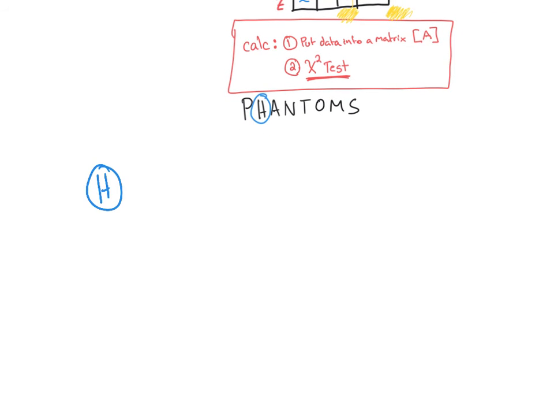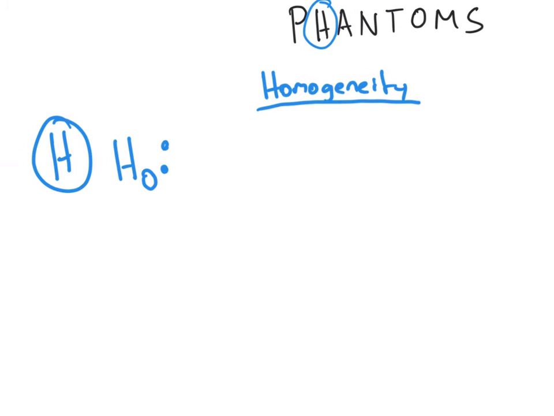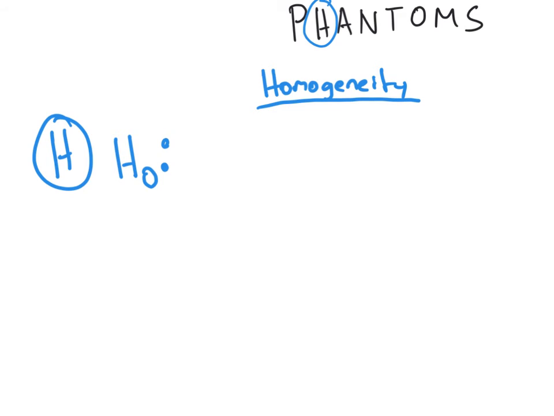So what is the null hypothesis if we are thinking homogeneity? If we're thinking homogeneity, then our null hypothesis will have some context, but then it will eventually have the word same in that context.